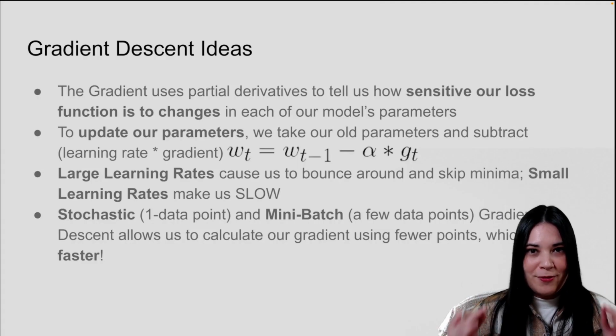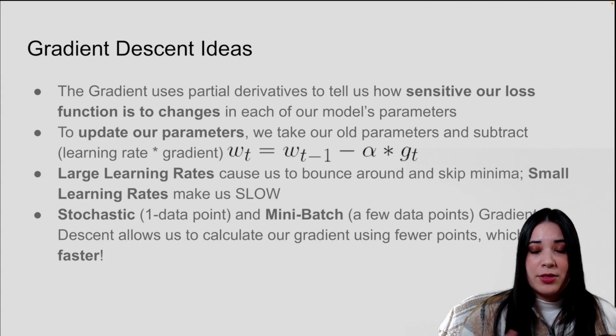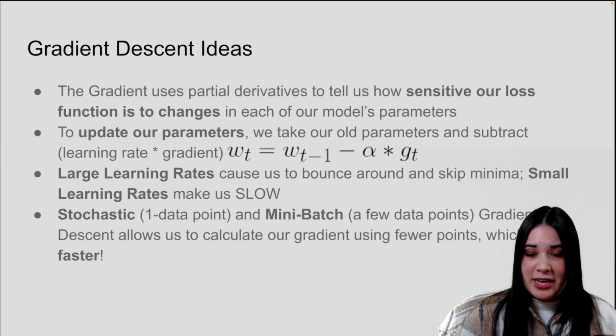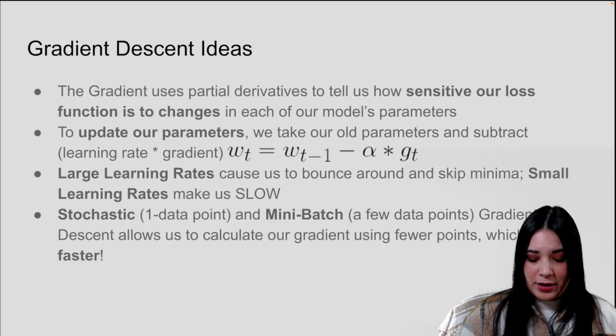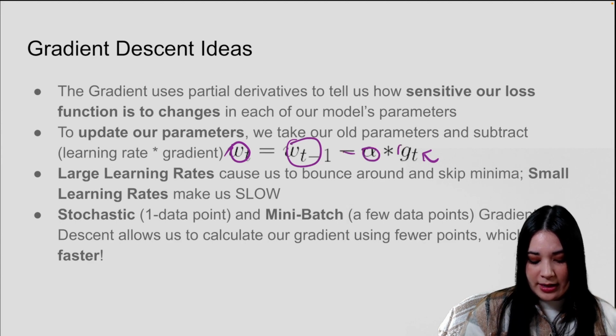All right, so we finished with gradient descent. We learned a bunch of different things, including that the gradient uses partial derivatives to tell us how sensitive our loss function is to changes in our different parameters. In other words, it tells us how to change our different parameters in order to minimize our loss function. In order to update our parameters, we use this update rule where our new weights are equal to our old weights minus a learning rate times the gradient.